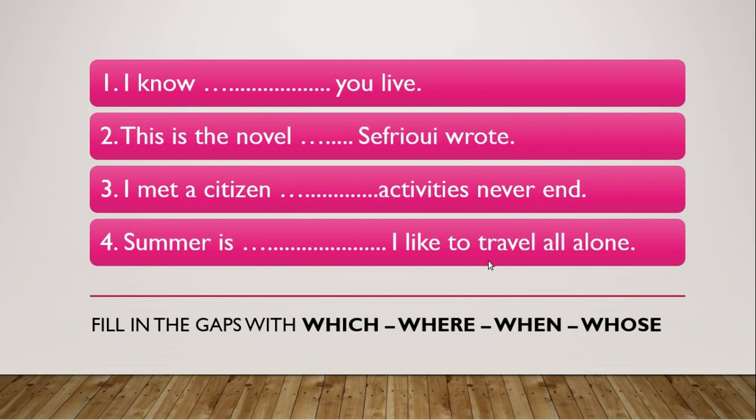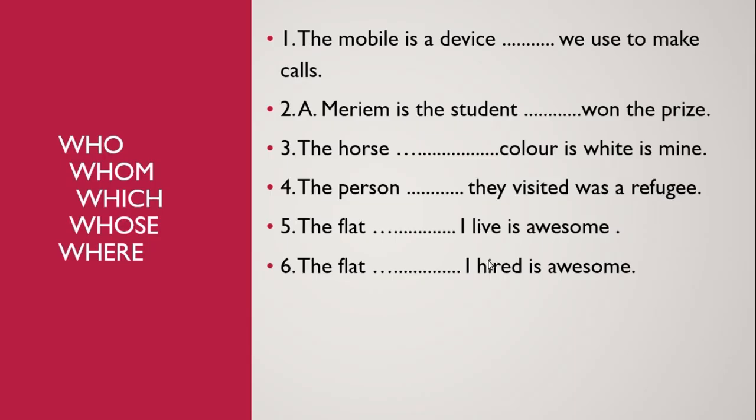Okay, good. Now let's move to a homework. Well, we're going to answer that later. The mobile is a device we use to make calls. Miriam is the student won the prize. The horse color is white is mine. The person they visited was a refugee. The flat I live is awesome.